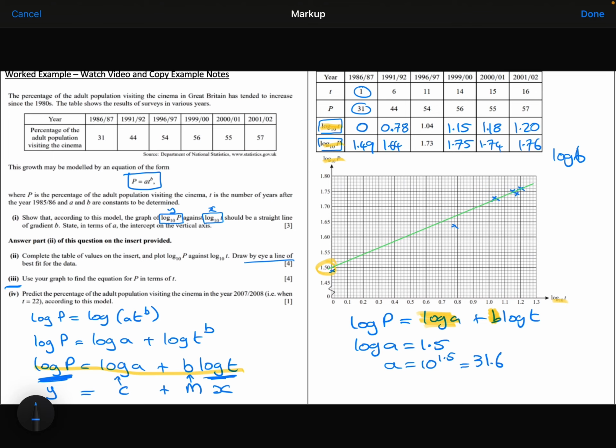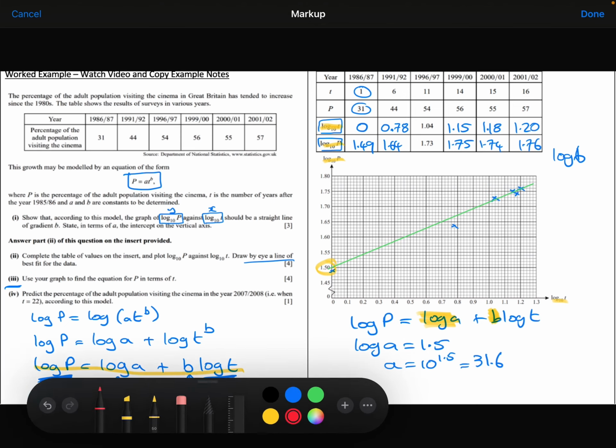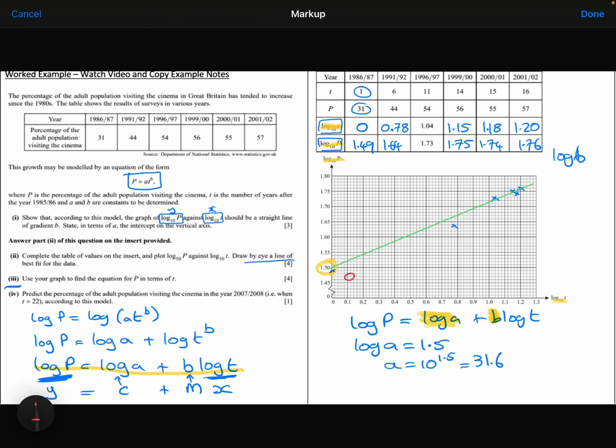The B is the gradient of my line. So to work out the gradient of my line, I need to pick 2 points. I've already got 1 point, which is the 0, 1.5. Let's pick another point that's easy to read off here. Let's pick this point up here. That's the coordinate 1.2, 1.76.